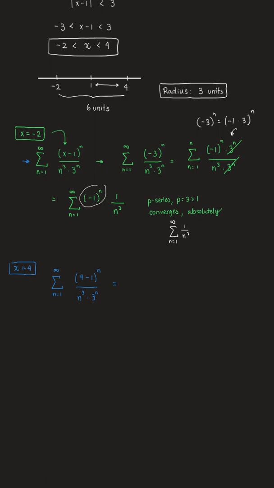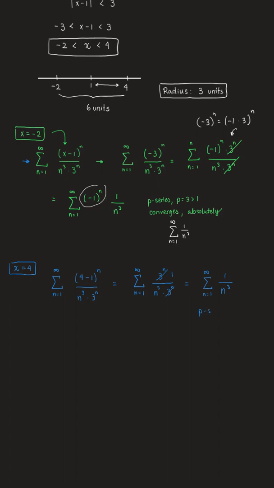Notice we no longer have any x's here. We know how to handle these series. This is going to be the sum from n equals 1 to infinity. 4 minus 1 is 3, so I have a 3 to the n over n cubed times 3 to the n. The 3 to the n's cancel, so we get the sum from n equals 1 to infinity of 1 over n cubed.